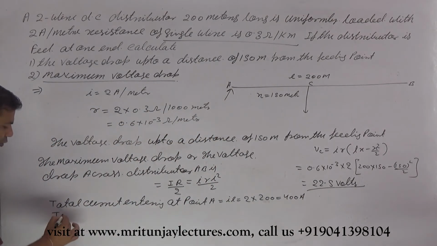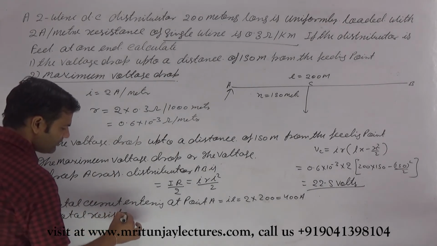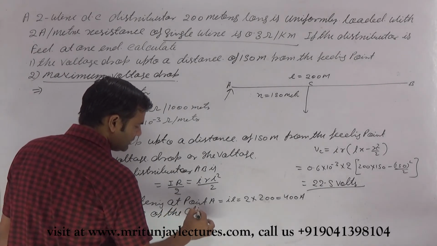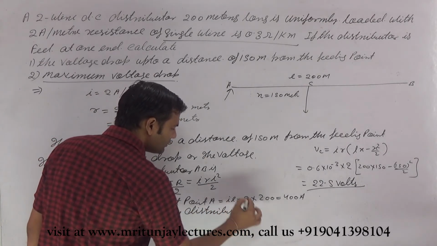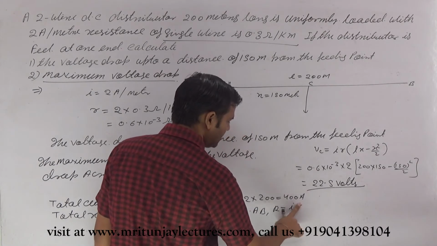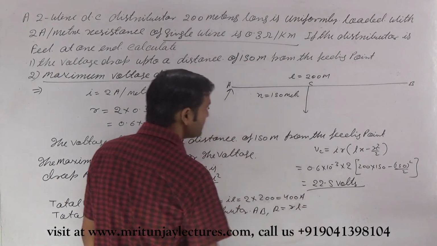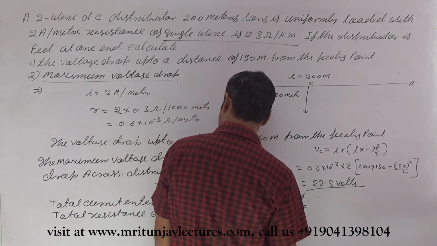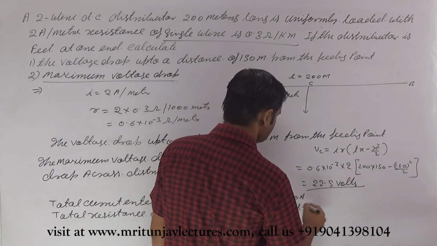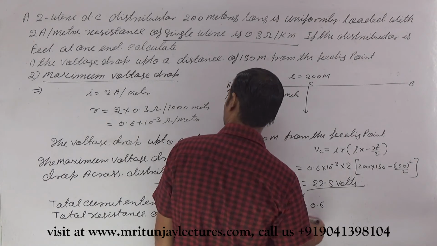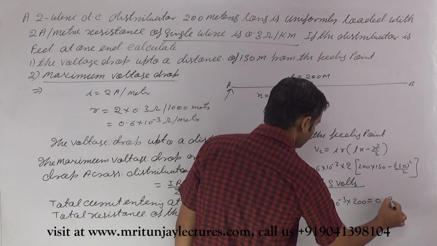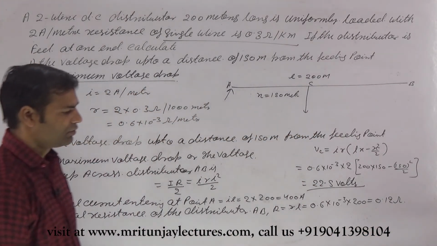The total resistance of the distributor AB is r into L. Small r is 0.6 into 10 to the power minus 3 and L is 200, so that is 0.12 ohm.